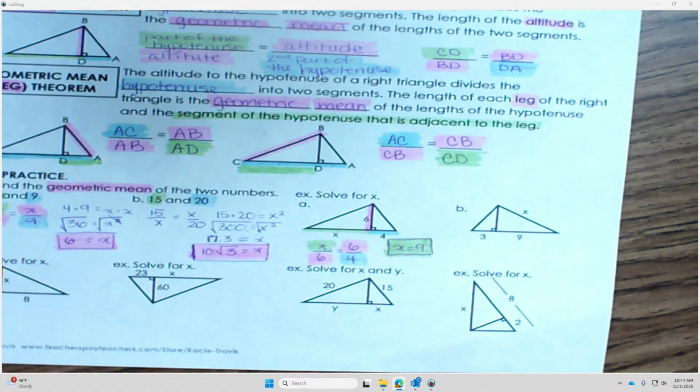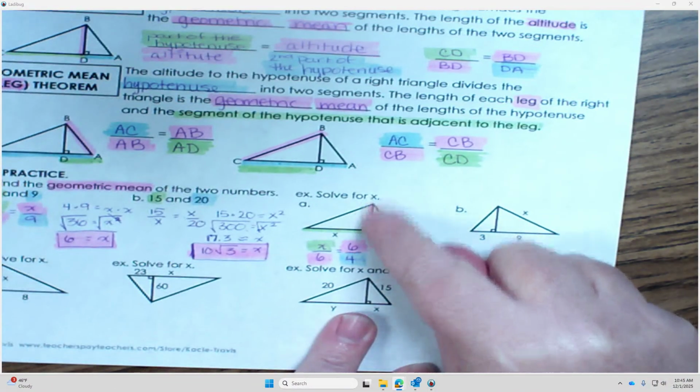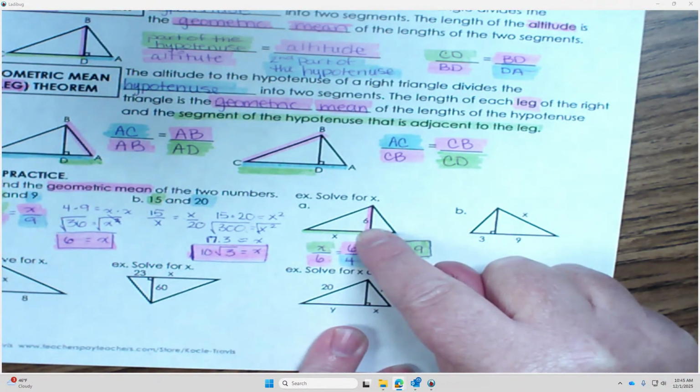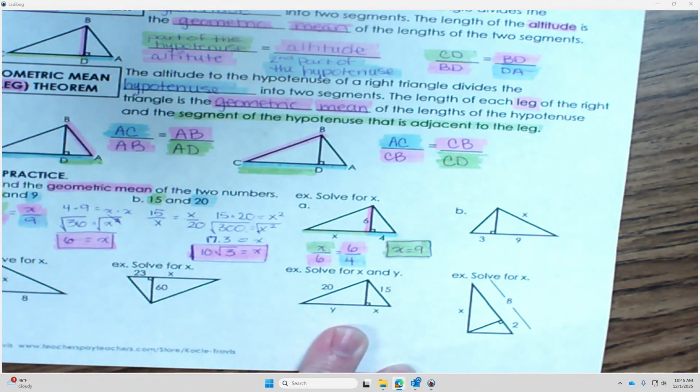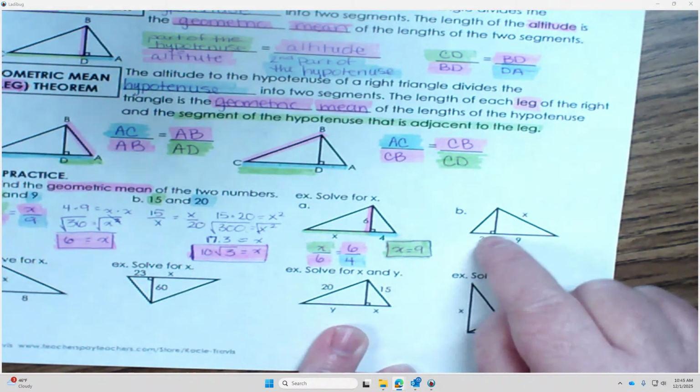Go ahead and pause the video and try B. But I want you to look at it and say, are we given the leg or are we given the part of the hypotenuse? If you don't know yet, stick around. I'm going to look at this and see how we had the altitude here, the pink part here. If you look at this one, it doesn't have anything labeled. So that's a clue right off the bat. They don't want us to deal with the altitude because there's nothing there.